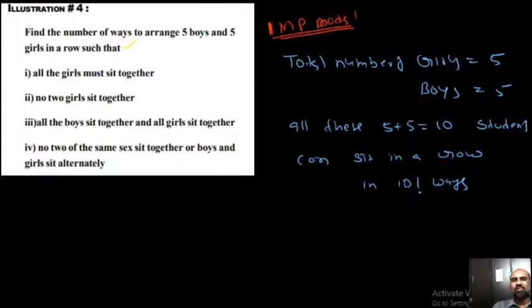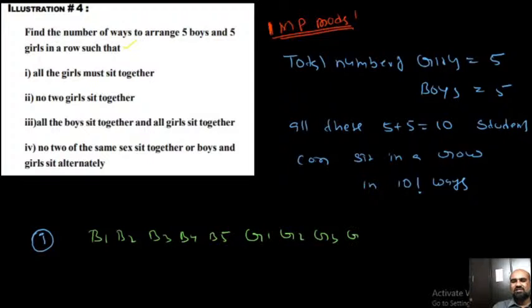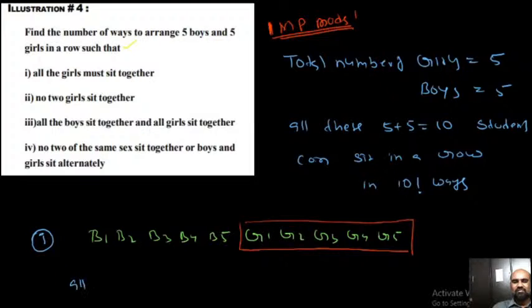That is not mentioned in the problem. I just wrote it. Now I want to complete problem number 1: all girls come together. How to write the steps is important. You write B1, B2, B3, B4, B5, G1, G2, G3, G4, G5. So all girls are taken as one unit. That is the important thing. All girls can be taken as one unit.